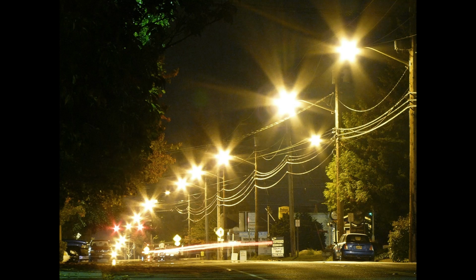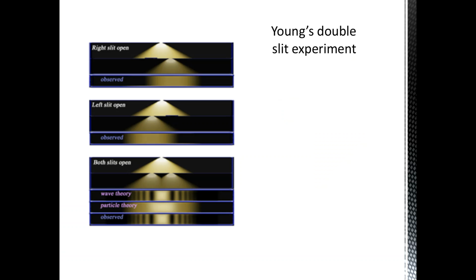You guys see it? Those little halos around the lights? Those are light being diffracted because of the camera aperture. And we're going to try and explain that with Young's double slit experiment. So what Young did was he had a very small opening with a dot here, and he allowed light to come through, right?